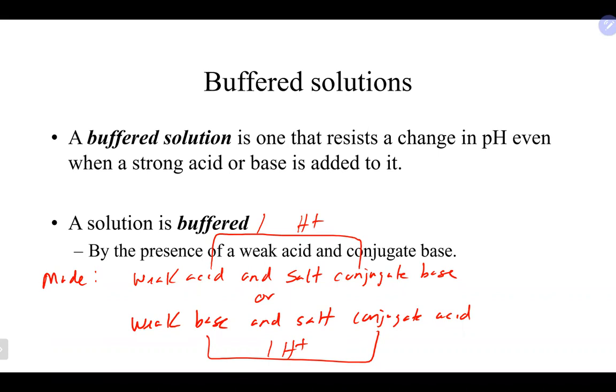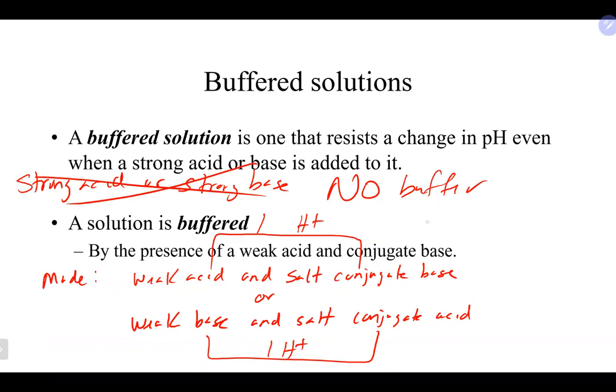You cannot make a buffer out of a strong acid or a strong base. That is a big no for a buffer. And the reason is that a strong acid is a strong electrolyte, which means it will 100% break apart.